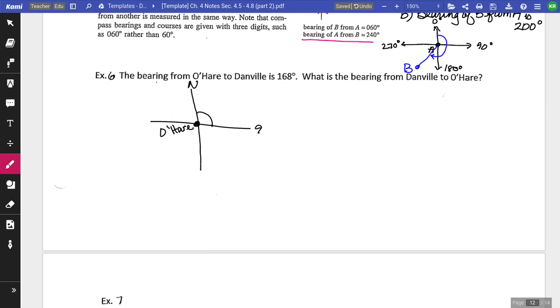Okay, here's 90. Here's 180. So 168 degrees is going to be a little bit less than 180. Okay, so if I had that direction, then down here, here's Danville. Okay, so this is the representation. What is the bearing from Danville to O'Hare?